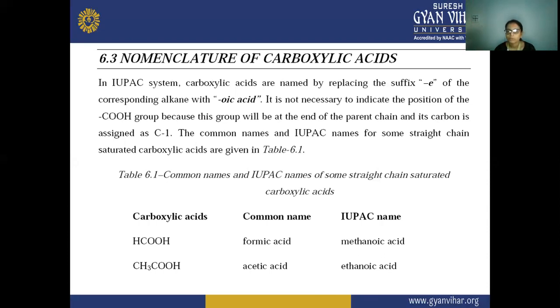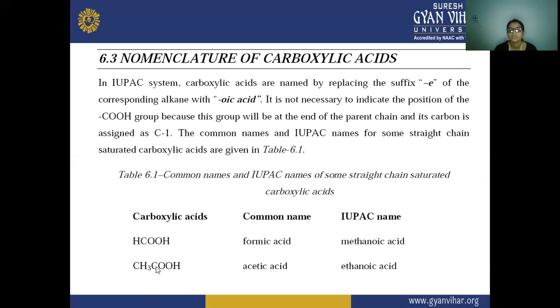So while naming according to the IUPAC system, we have to replace the E from the alkane and use the suffix oic acid. In this example we have already seen, it is not necessary to indicate the position.